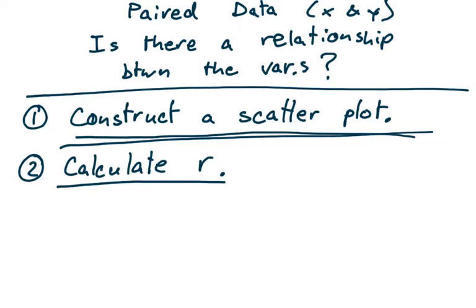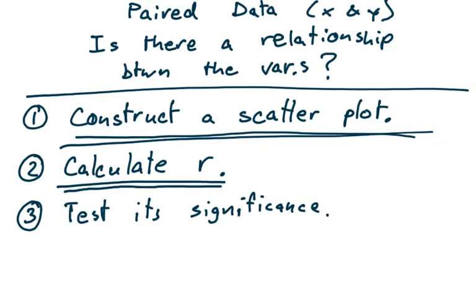If it looks like there possibly is correlation, then we're going to go ahead and do our calculation, right? So after we do step 1, if we don't see anything, then we get to stop there. Moving on, if we do see a trend, a relationship between the X and Y values, then we'll go ahead and calculate R.